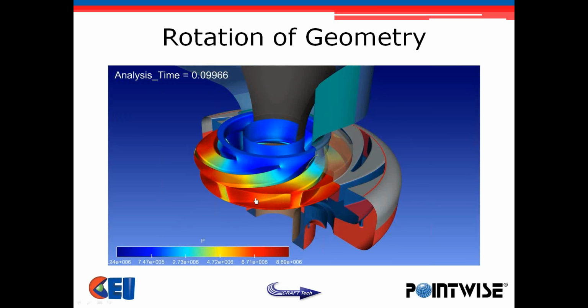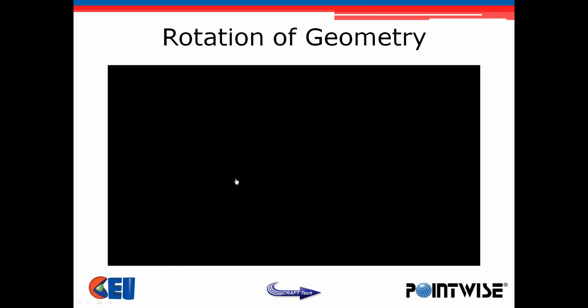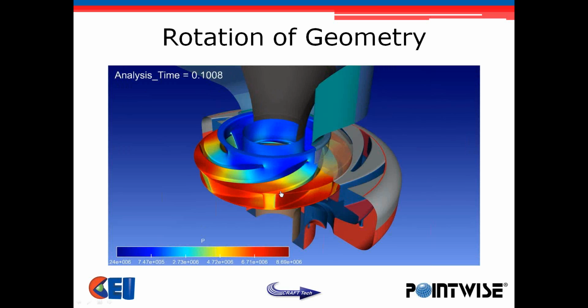So what does that look like here? In this case, you'll see that the pump is rotating automatically, as well as the variables updating on the geometry as we go through. Let's see if I can play this again here.